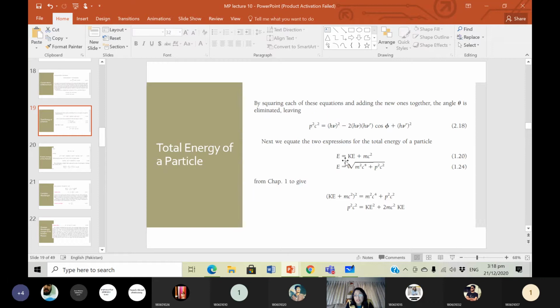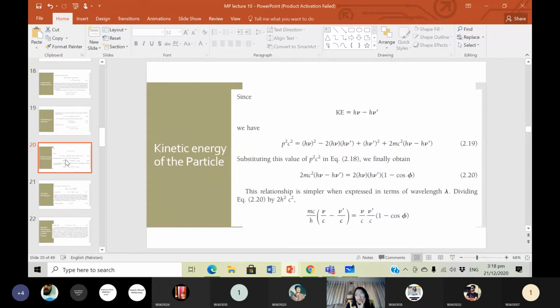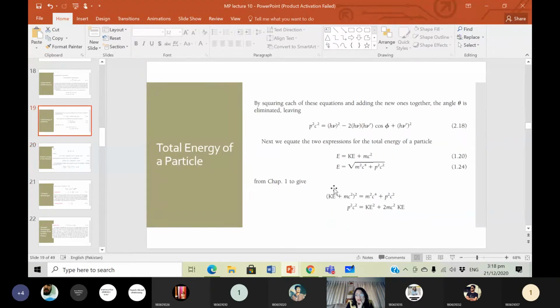The total energy of the electron will be kinetic energy plus mc square. And we also know relativistically that the energy is given by square root of m square c power 4 plus p square c square. So we're doing this for the electron, okay?